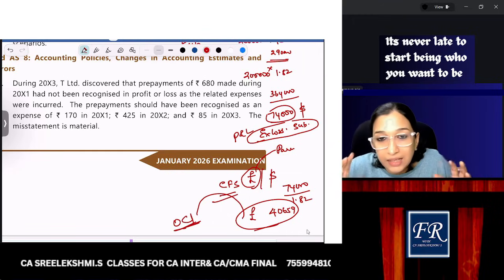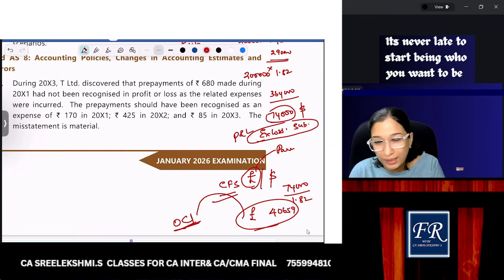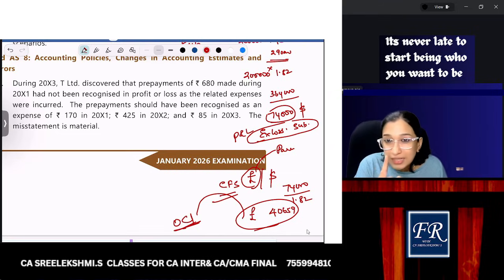I used to say in class, in almost every standard, it's OCI reclassified to P&L, or OCI reclassified to retained earnings. In the entire Ind AS, there is only one scenario of P&L to OCI, that is Ind AS 21.